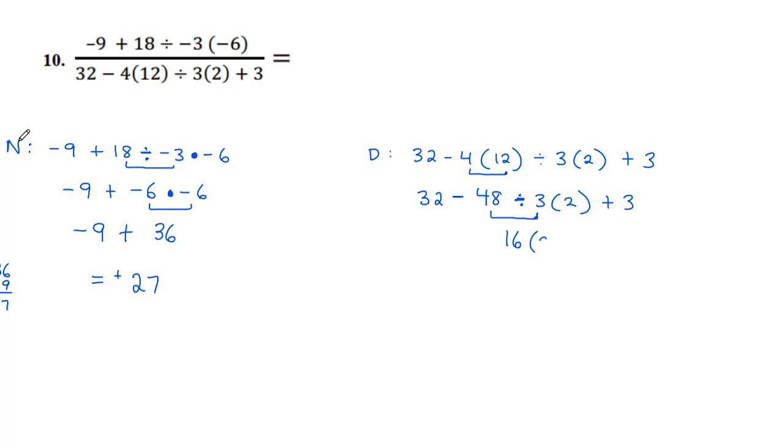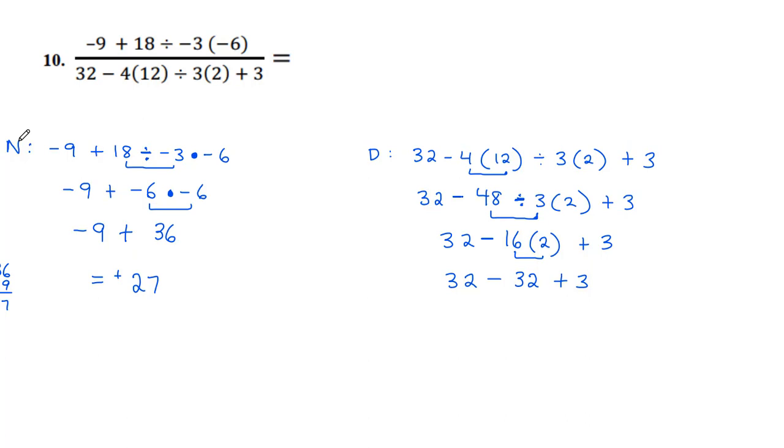That's going to be multiplied by 2, and I copy everything else out. Now I'm going to multiply 16 times 2, which is 32, plus 3, and then subtraction. Now I have 32 minus 32 plus 3.